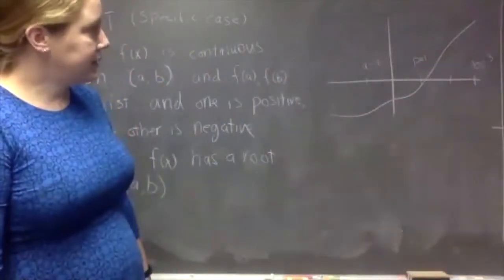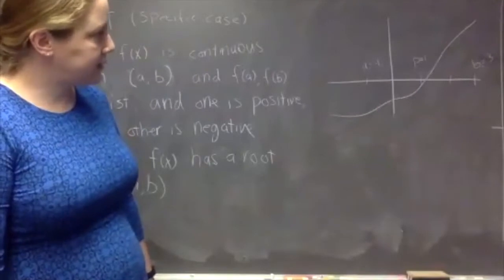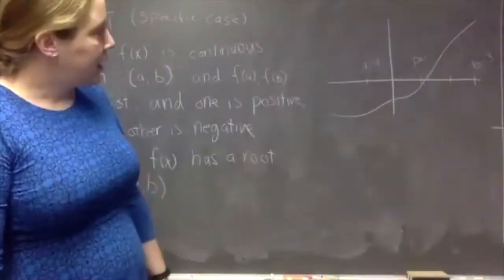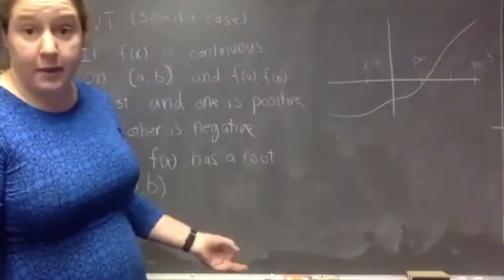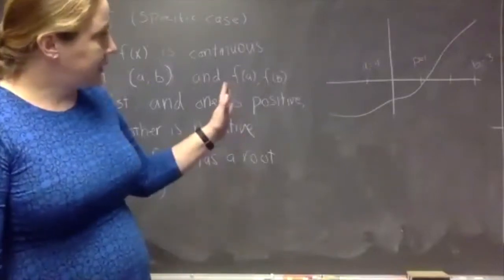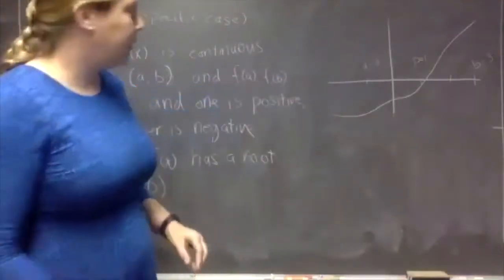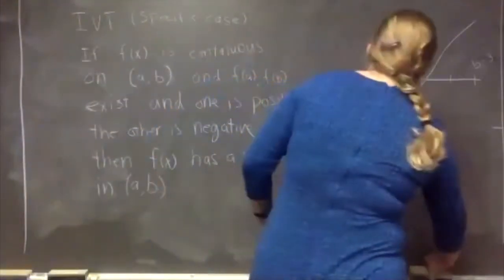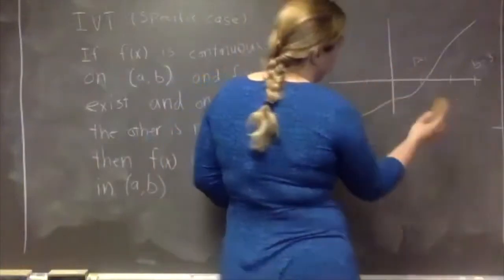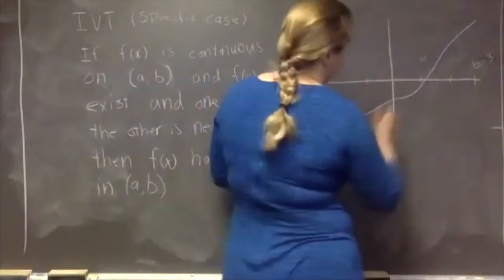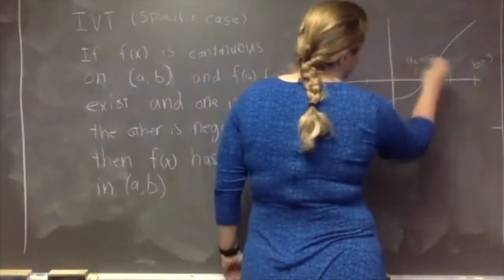At that point, we ask ourselves, is the function positive or negative? Since the function is negative at that point, we take our a value and reassign it to be this p value. So instead of a1 being -1, we get our next value a2 to be 1.